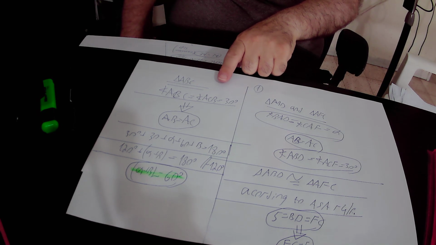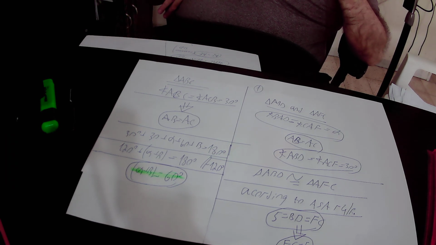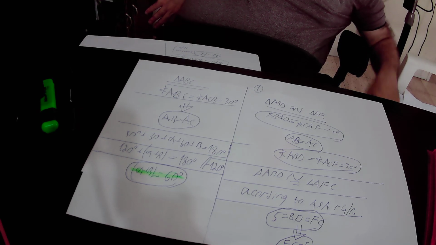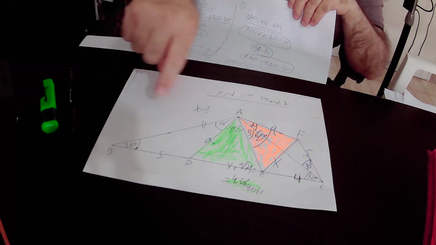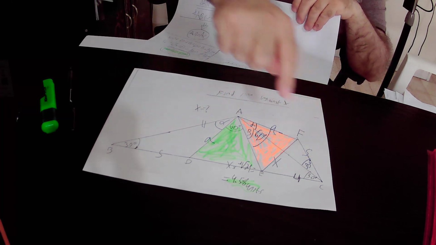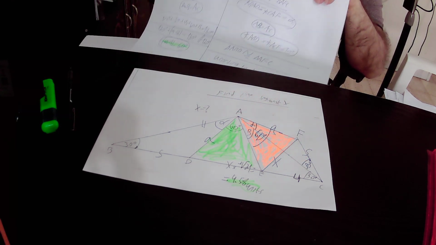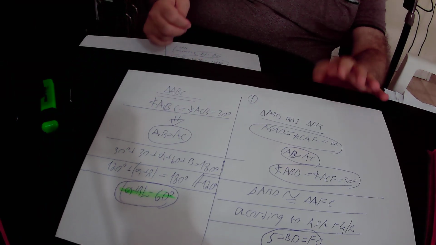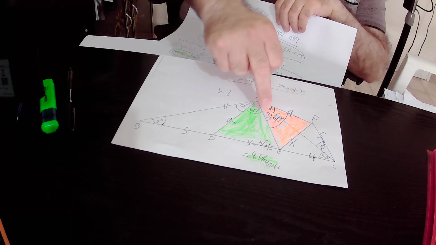Angle ABC equals angle ACB, therefore, according to the rule that in front of equal angles in the triangle there are equal sides, in front of this angle that is equal to 30 degrees we have side AC, in front of this angle that is also 30 degrees we have side AB. So AB must be equal to AC.